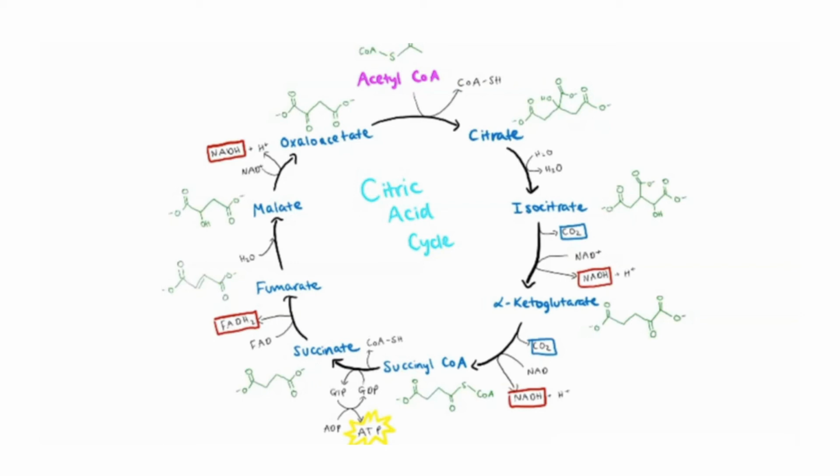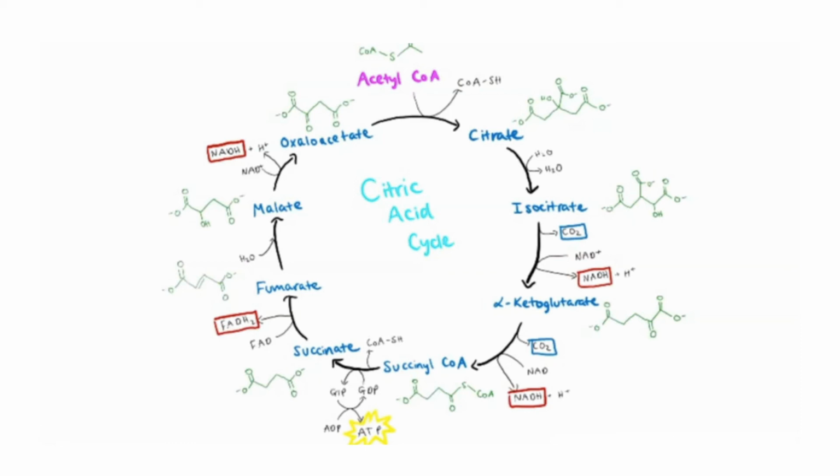There's NADH produced in glycolysis, which we talked about in the previous video, but there's also NADH produced here. 1, 2, and 3. Keep in mind, we're multiplying that by 2 because this cycle is happening twice due to the entrance of 2 acetyl groups into the Krebs cycle.